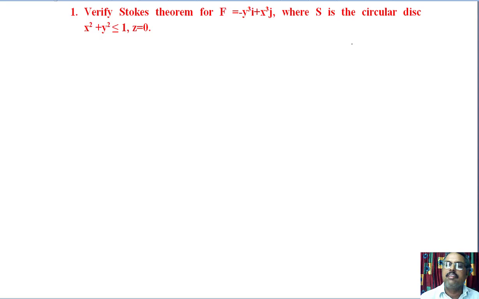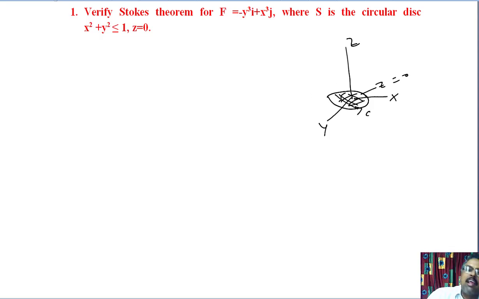Actually this is in the xy plane, because z is 0. Circular disk means the inside area. This is the z axis. Here z is 0. Now this is our circular disk, and our surface is bounded by a circle.